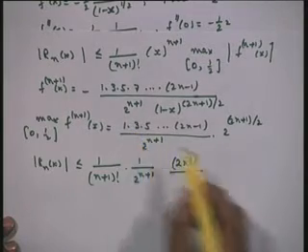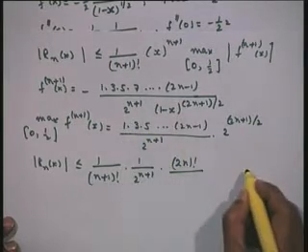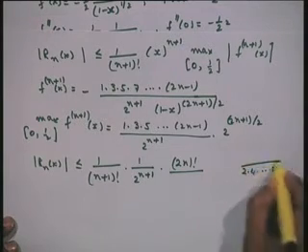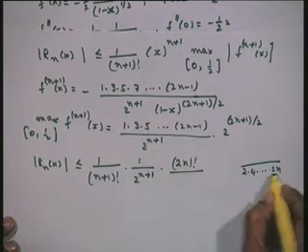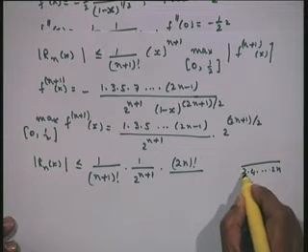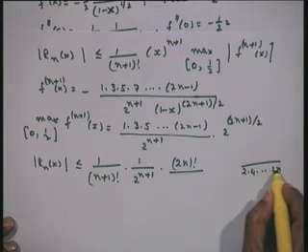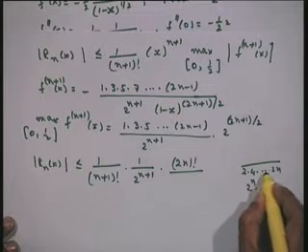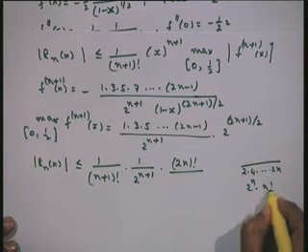Now, I multiplied in the denominator 2 into 4 into so on up to 2n. I can take 2 common from each factor, that is n terms, so 2 to the power of n, and 1 into 2 into 3 up to n, that is n factorial.